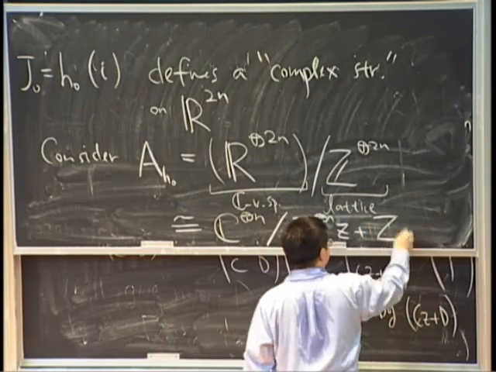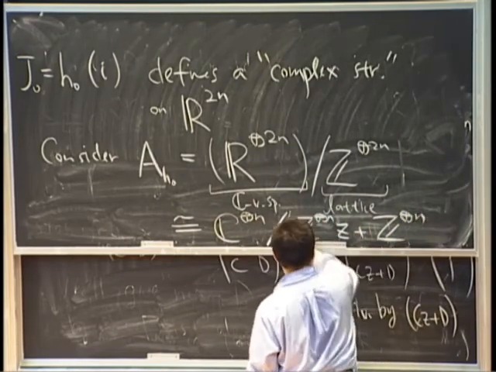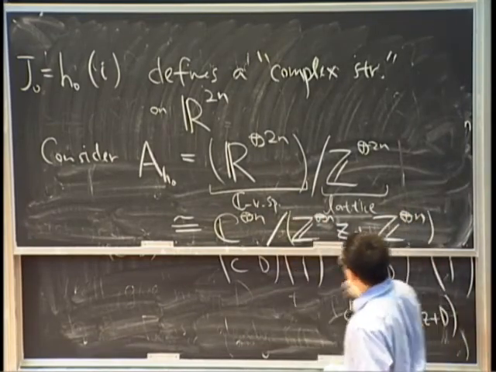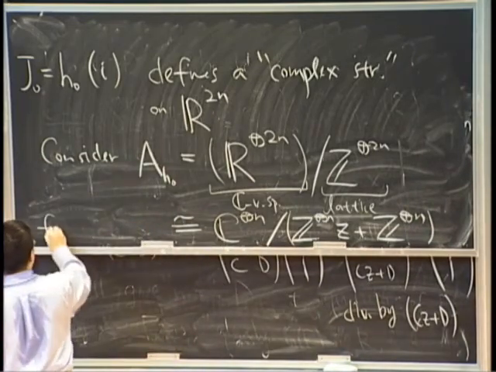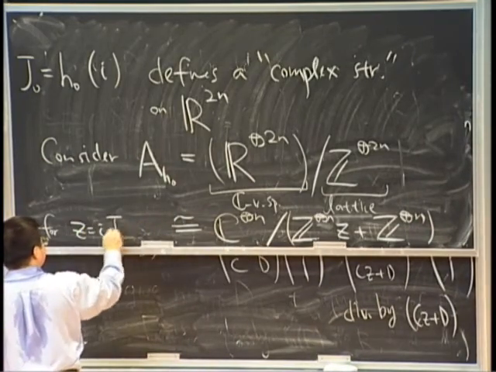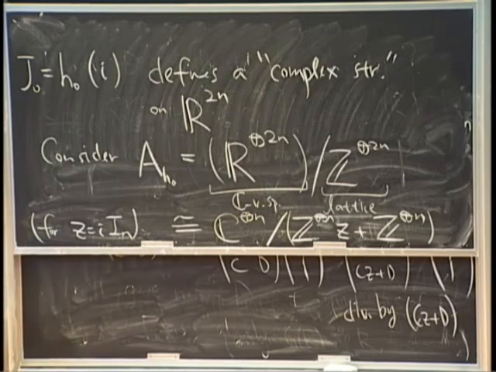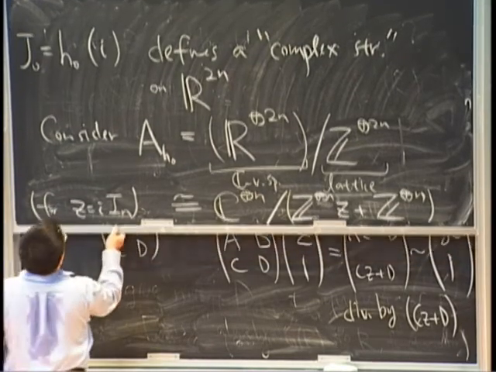Let me write down the answer. Well, I hope I'm right. For z equal to this in, and you shouldn't be surprised that if I have other h, if h is like g times h naught, then I have z.